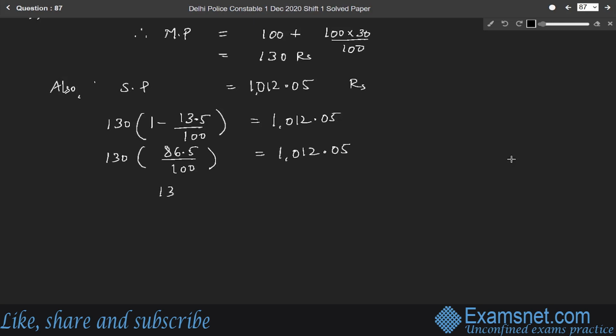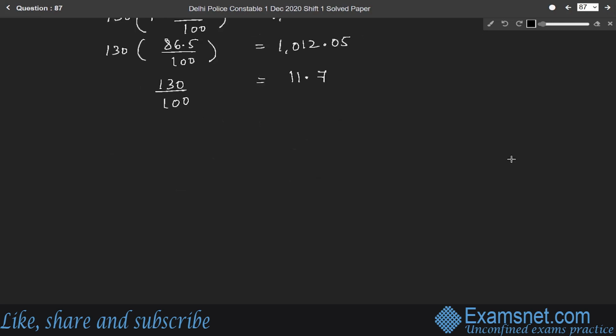Therefore, we'll take 130 by 100 is equal to 1012.05 by 86.5, which is 11.7. Therefore, we can write, still simplify. So 1 is equal to 11.7 into 100 by 130, which is 1170 by 130. So 13 into 9 is 117, right? So 1 unit is equal to 9.